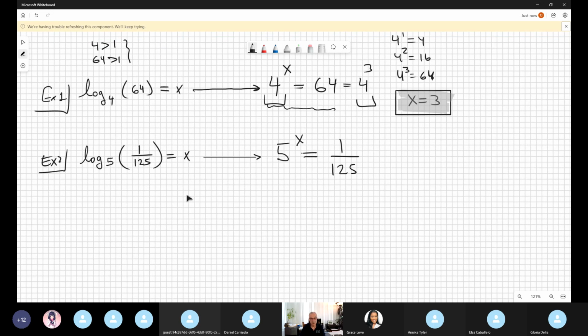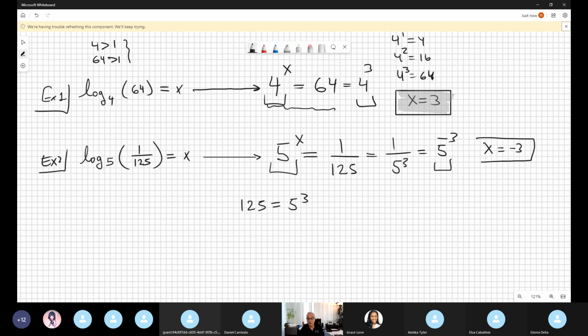It's negative 3, because 125 is 5 to the third power and reciprocal is a negative exponent. It's the most important idea that you need to remember. Therefore, we have a common base, the solution is negative 3.